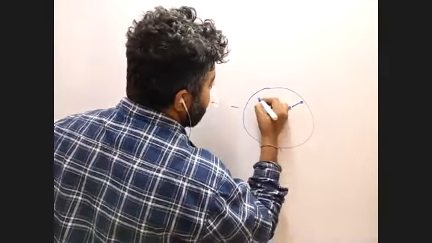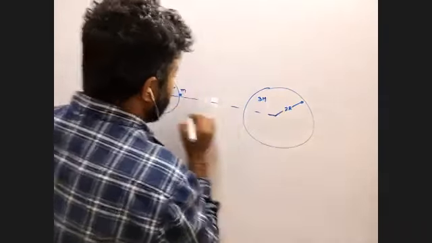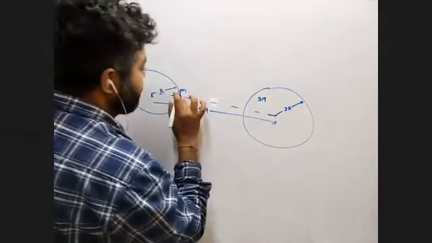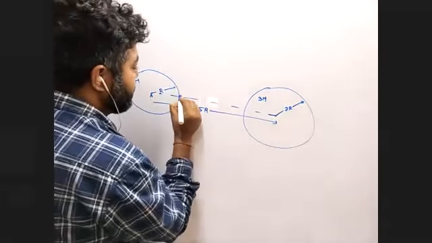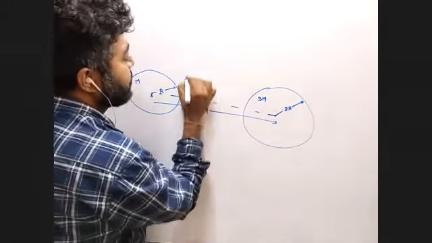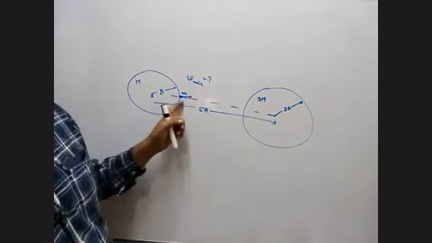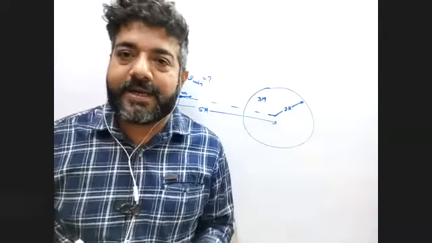The radius is 2r, mass is 3M, and the distance between them is 5r. So my question is, how much minimum velocity is required so that it will move on to that planet?